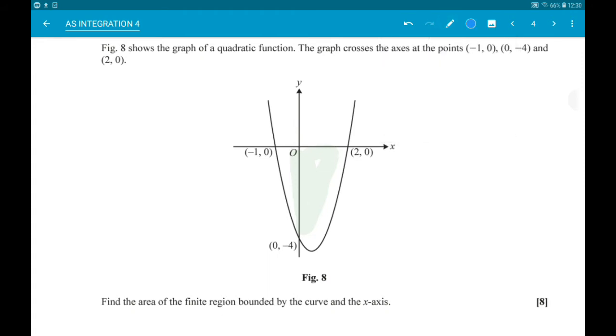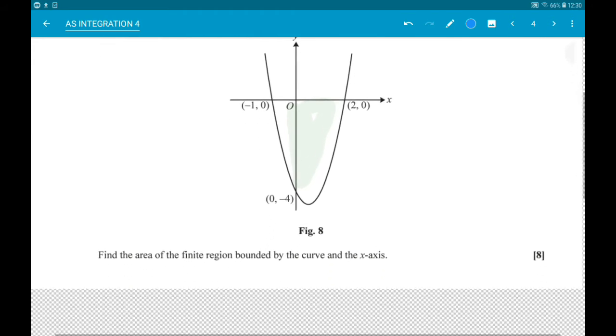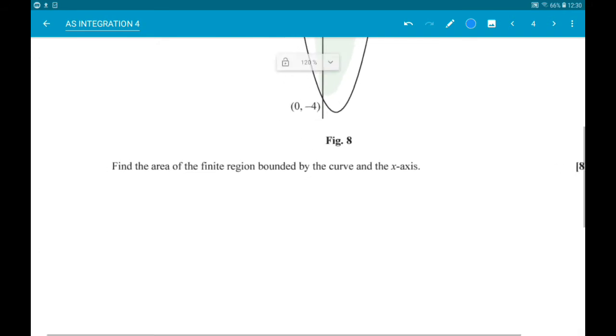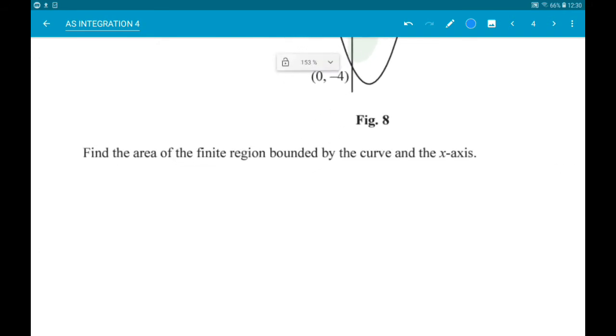So it's a quadratic, so it's of the form y equals ax squared add bx add c. Now we know c because it's the y-intercept, so straight away we can start to say y is ax squared add bx minus 4.